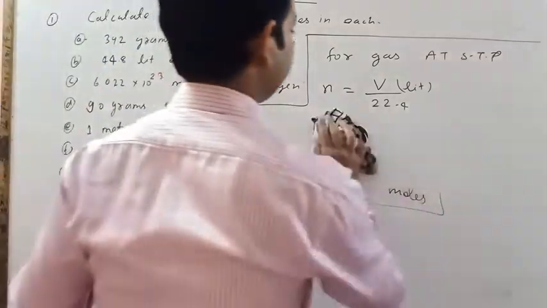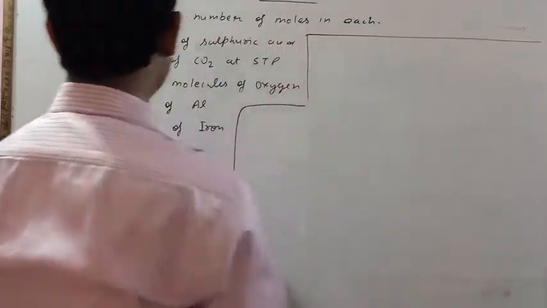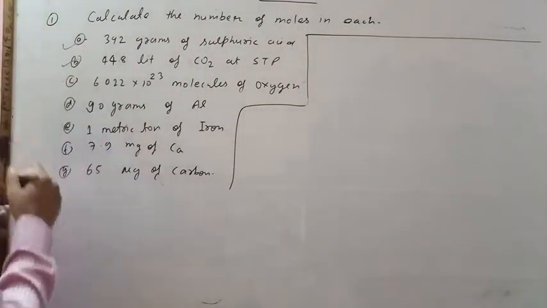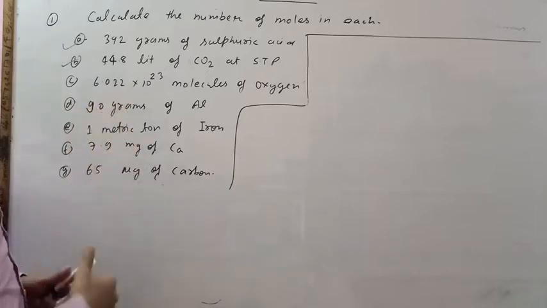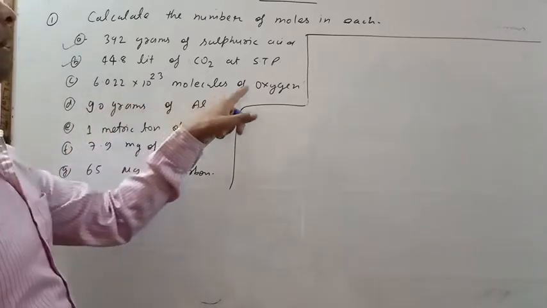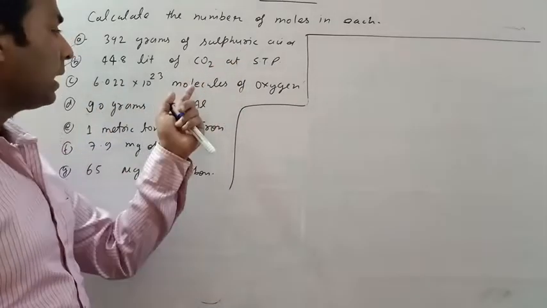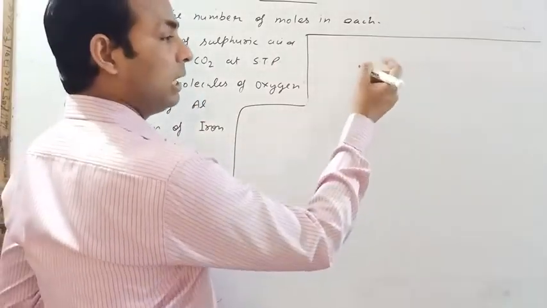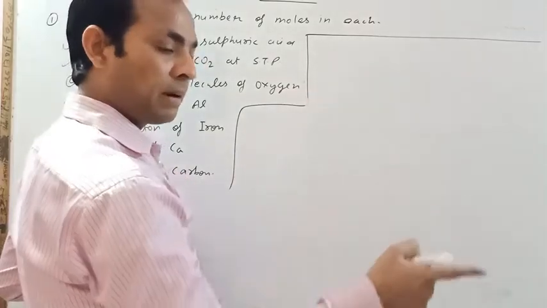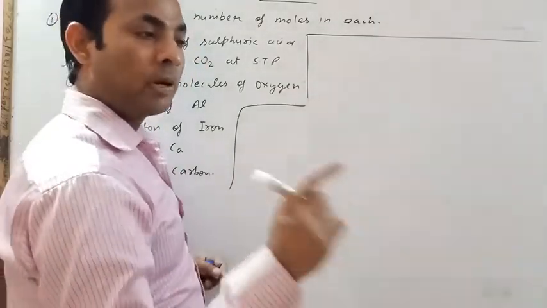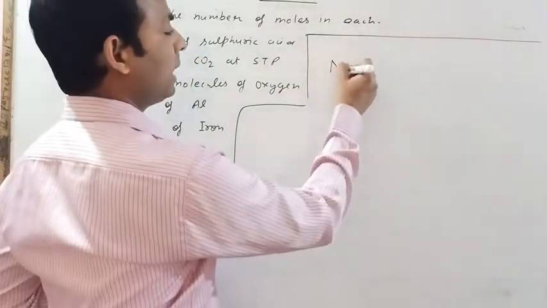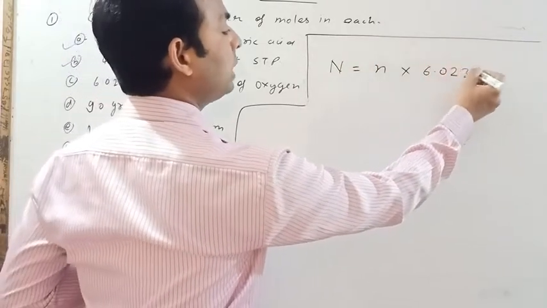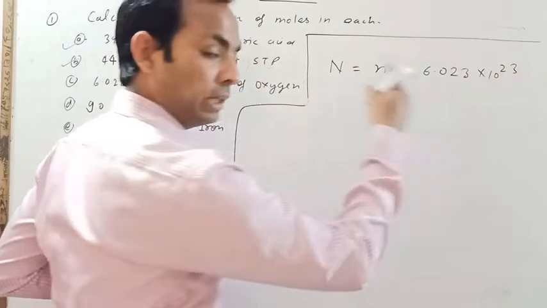Okay, third question. Two questions I have already done. Third question: 6.022 into 10 to the power 23 molecules of oxygen. Here the number of particles is already given, and you know the relationship between the number of moles and the number of particles of the substance. N equal small n into 6.023 into 10 to the power 23.